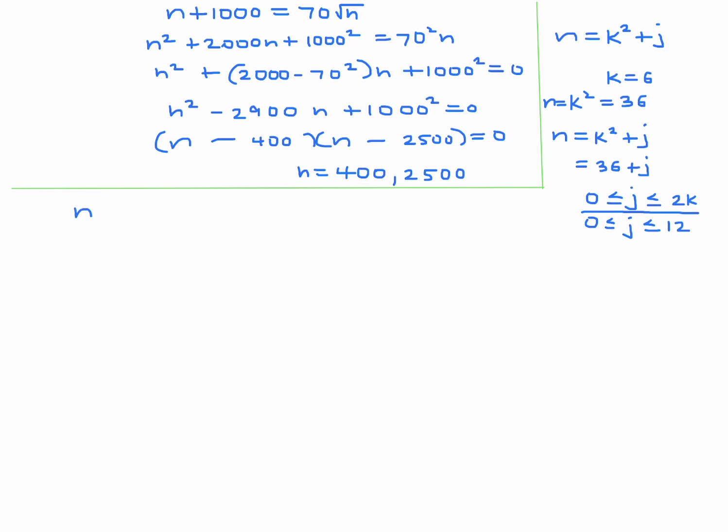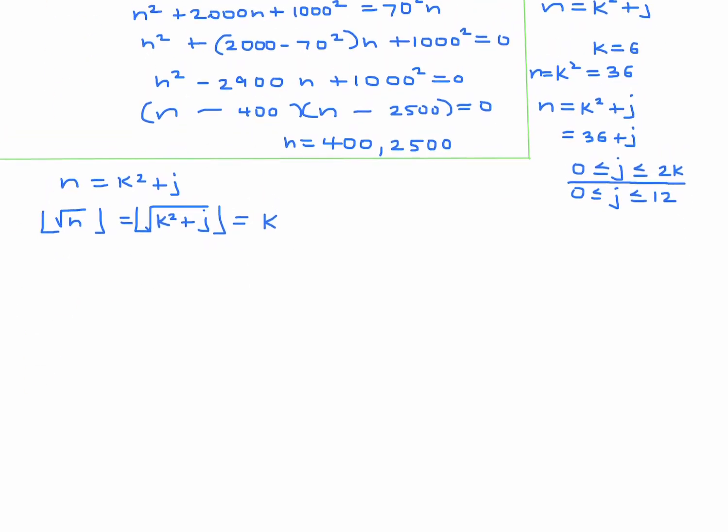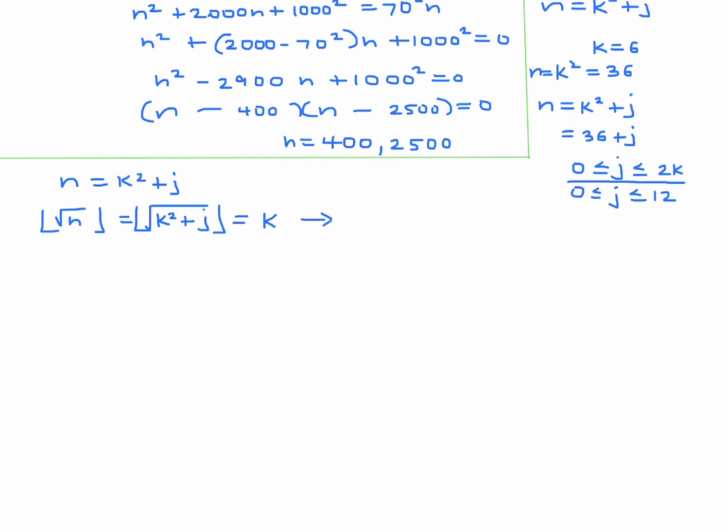So now, since we have set n equal to k squared plus j, we have to figure out what root n bracket is. That's going to be the bracket of the root of k squared plus j, and that is pretty much going to be the same as k, because once you take the bracket, you drop the decimal part and you just get the number. Now we put this back into our original equation. So n plus 1,000 over 70 is equal to k.